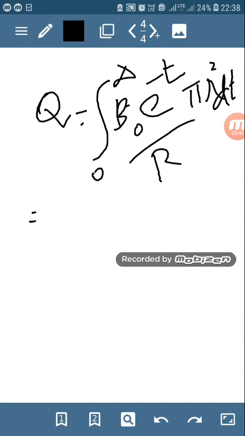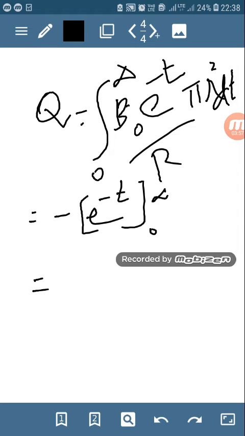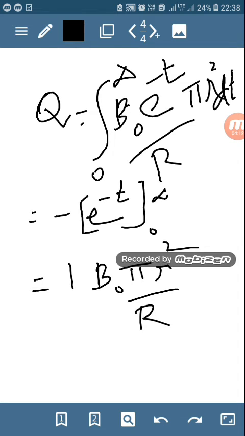The integration of e power minus t gives minus e power minus t. Substituting the limits 0 to infinity, the upper limit gives 0 and the lower limit, e power 0, is 1. And we have the other constants B naught pi r square by R.